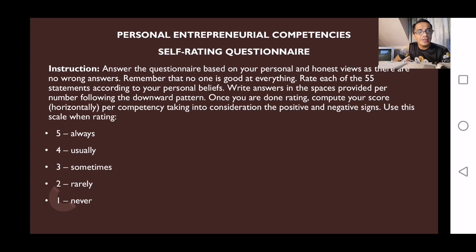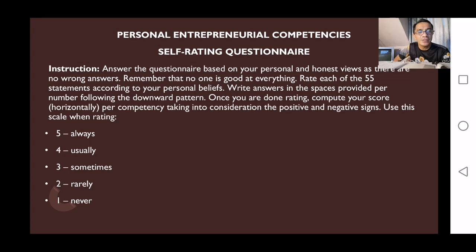Siguro ang gawin nyo na lang is just get a piece of paper, number your paper from 1 to 55, and then for each number, you will be putting the rating that you believe in your heart will match the question given. And sabi nga rito, instruction, answer the questionnaire based on your personal and honest views as there are no wrong answers.